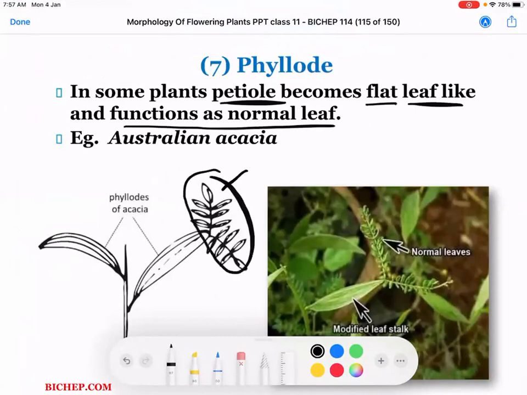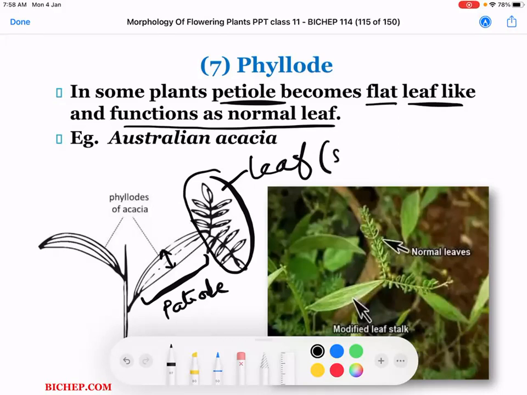This is the leaf and this is the petiole. The petiole becomes broadened with green pigments and photosynthesizes, because the actual leaves are very small, not capable enough to produce a huge quantity of food.